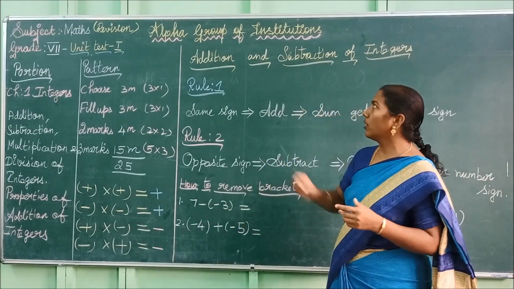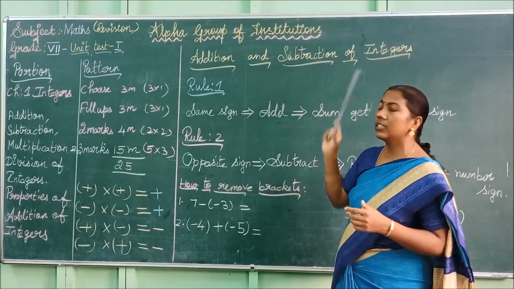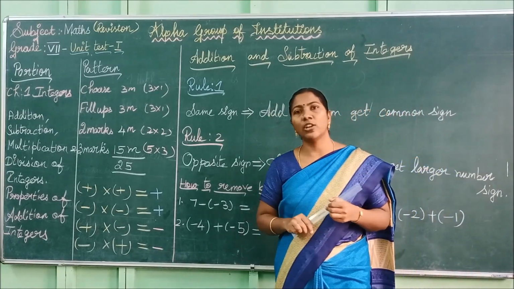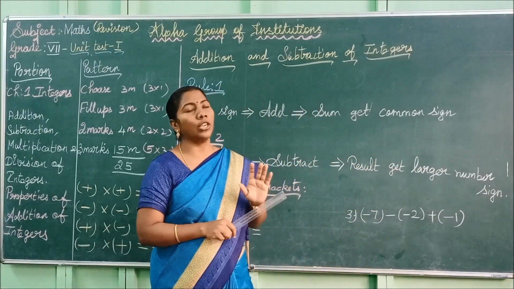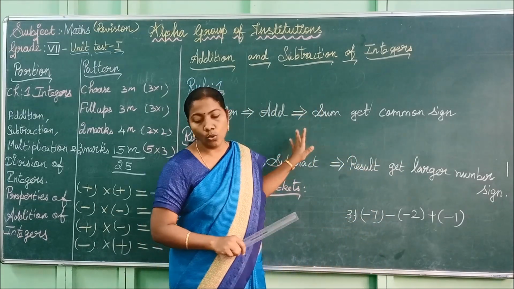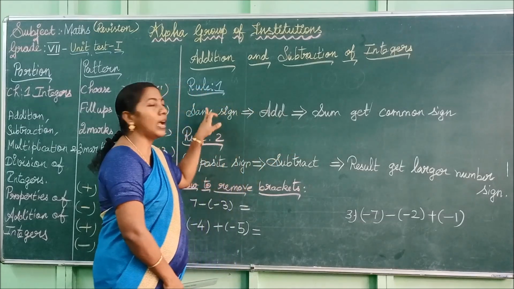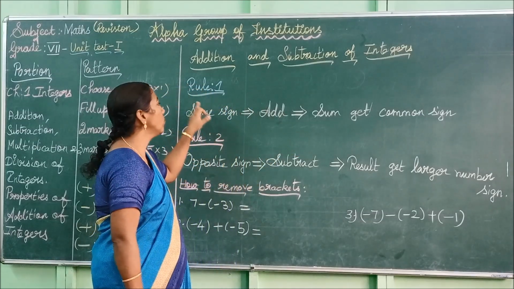Next we are going to revise the concept of addition and subtraction of integers. Whatever the process, whether it is addition or subtraction, you have to follow only two rules. What are they? Rule 1 and rule 2. What is rule 1?